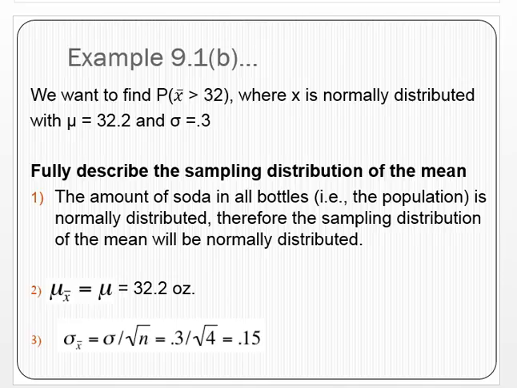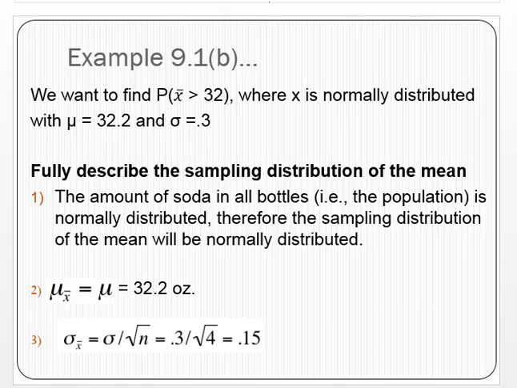To start that problem, what I would generally do is say, first of all, fully describe the sampling distribution of the mean for a sample size of 4. Well, first of all, we know that the amount of soda in all bottles, which we're going to call the population, and again, I want you to describe populations in words, is normally distributed.